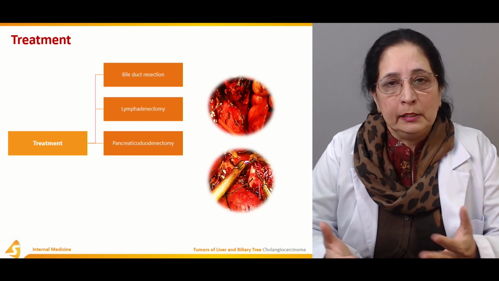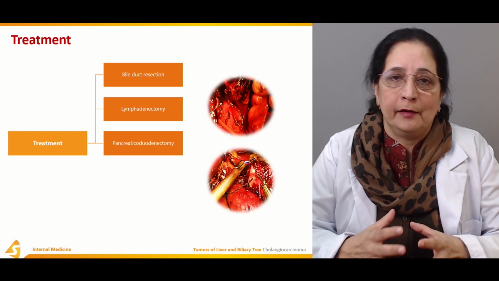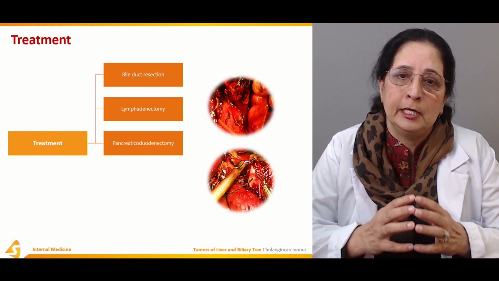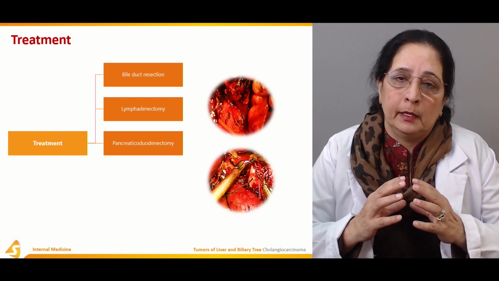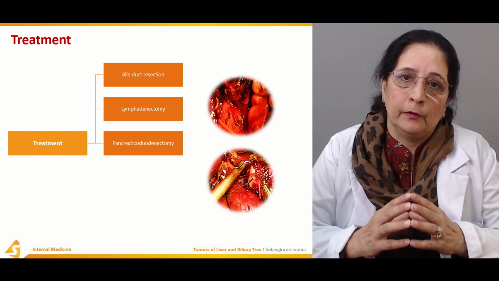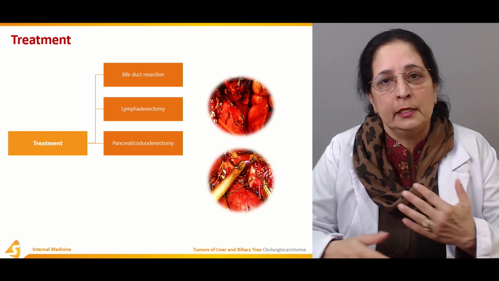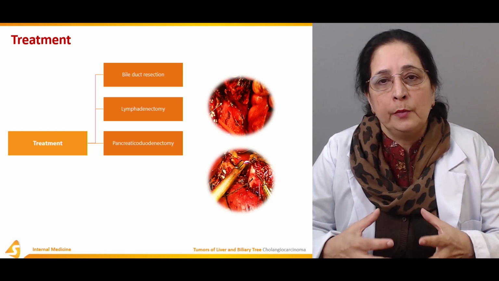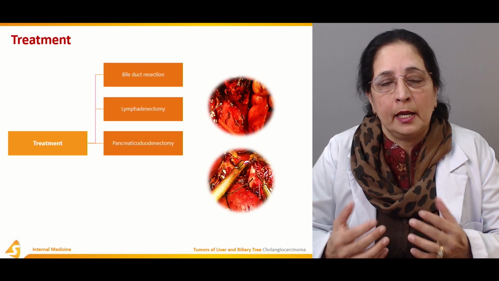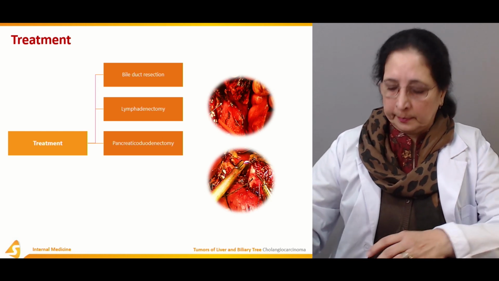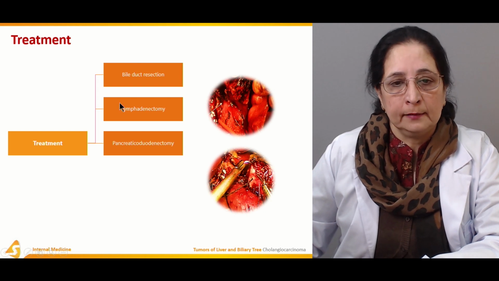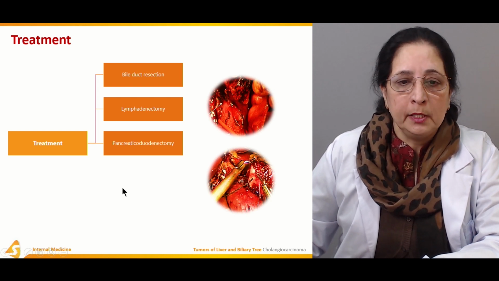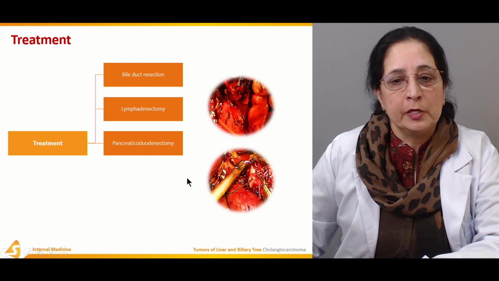So these are all the localized regional areas of the biliary tract, and the removal of these is in an effort to improve survival and cure the tumor. So we have bile duct resection, lymphadenectomy, pancreaticoduodenectomy.